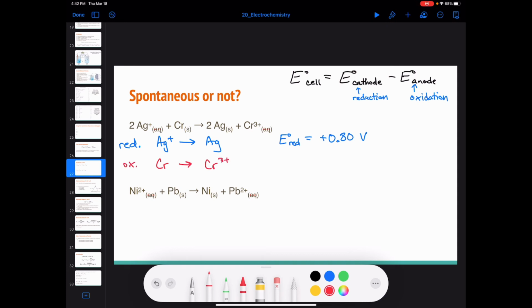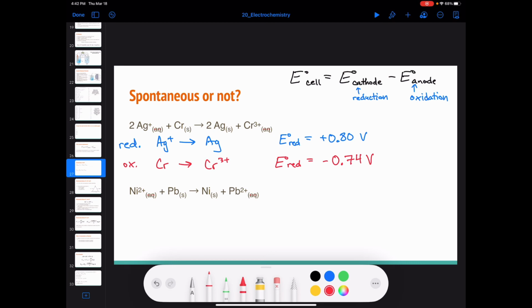Sure enough, we're going from a 0 up to a +3, so it is being oxidized. So our E reduction potential for this is equal to a negative 0.74 volts. Okay. All right, so that is our reaction that's taking place, right?